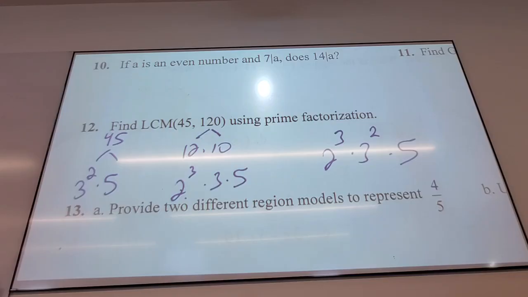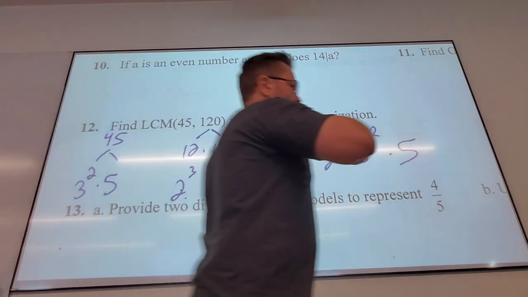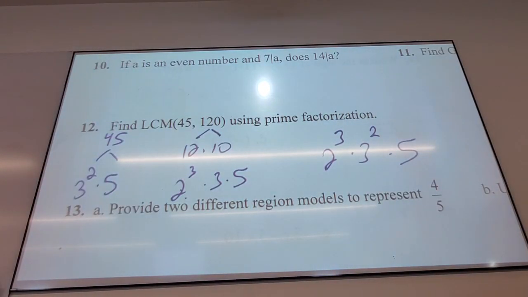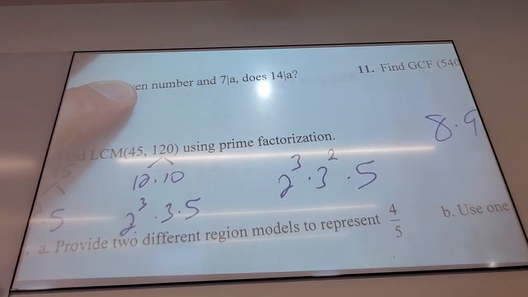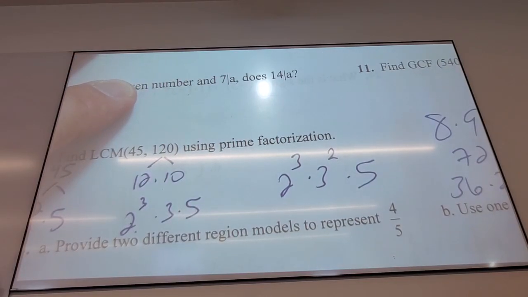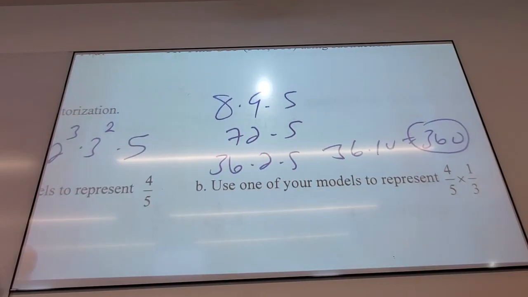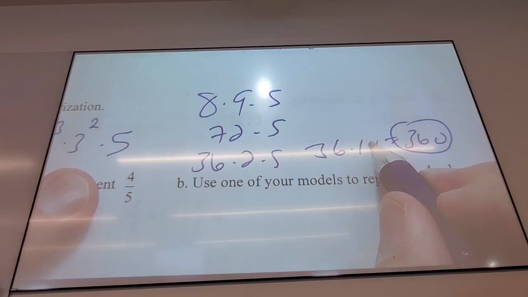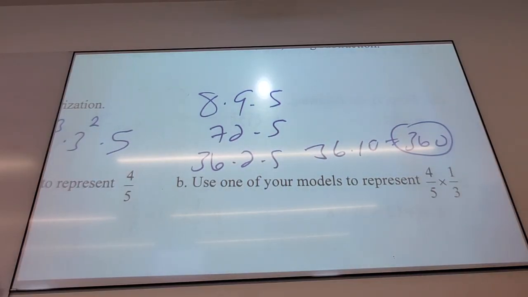So 72 times 5 becomes 36 times 2 times 5, 36 times 10, 360. That's compensation. Somebody should write it down. So 8 times 9 times 5, 72 times 5 is 36 times 2 times 5 is 36 times 10 is 360. I love you guys. I was writing all that and you couldn't see, and you're like, let's just wait.